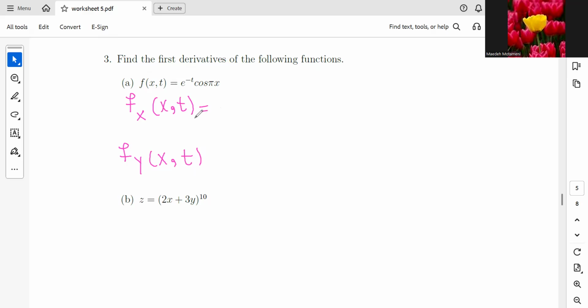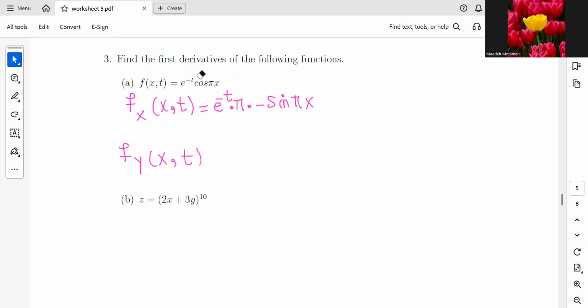For the first one, since it is with respect to x, pick the part that has x in it. Find the derivative. It's the chain rule for single variable functions, and that would be pi times negative sine of pi x. And then multiply the rest of it.